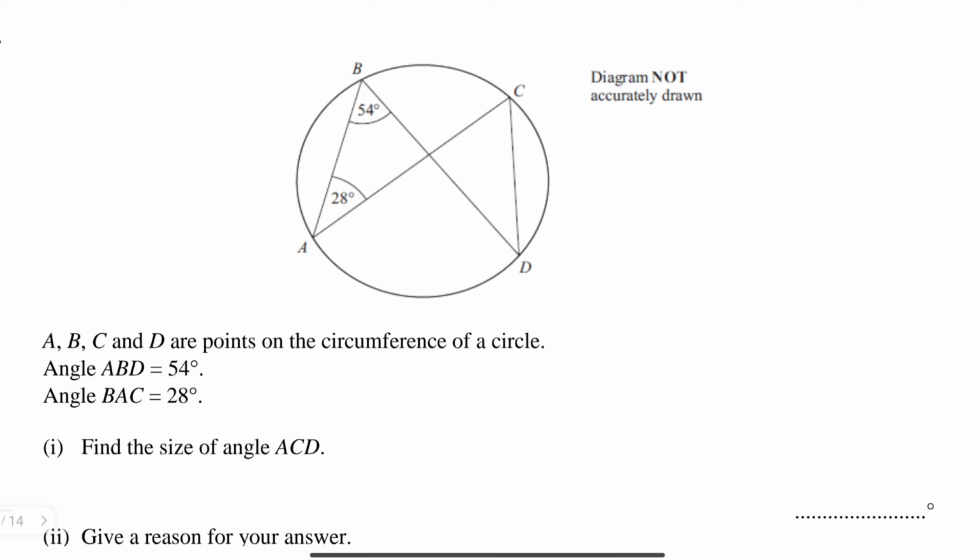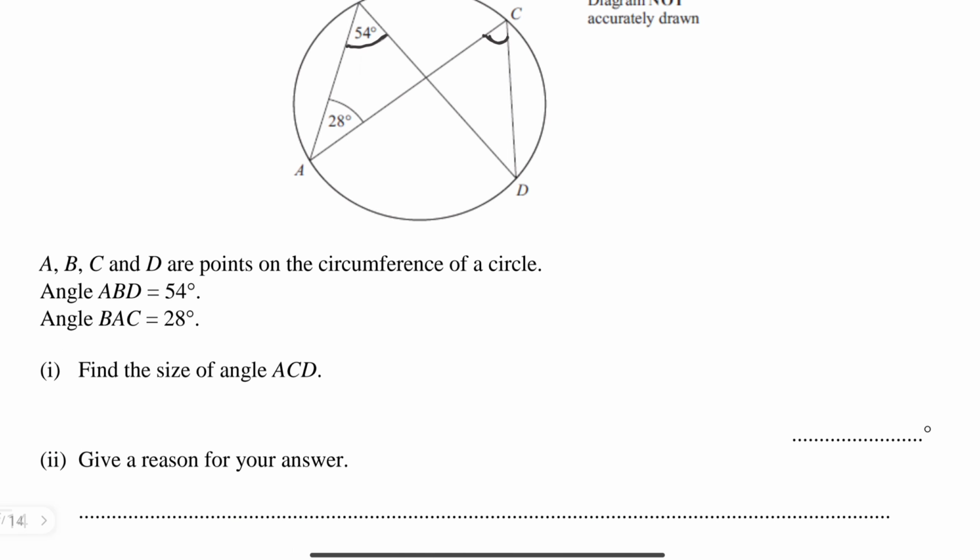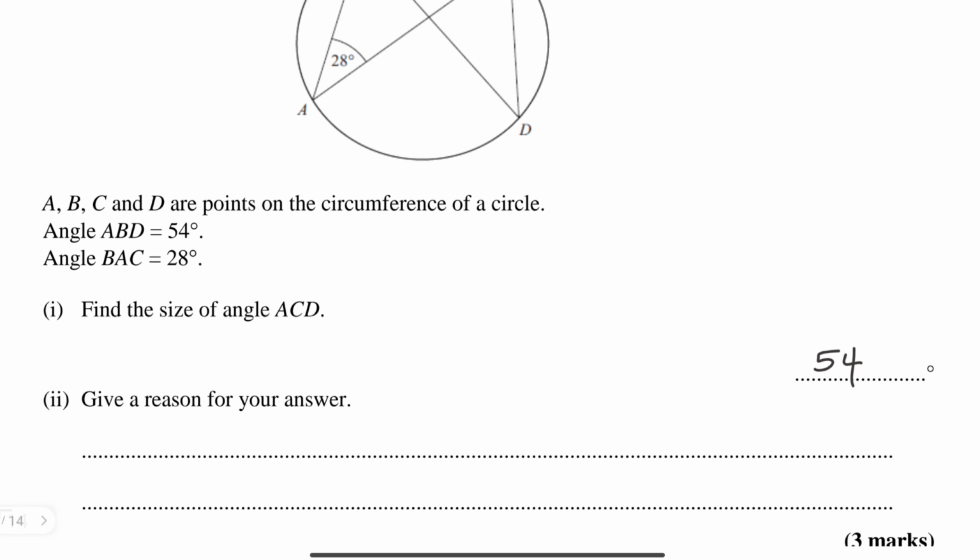ACD is in the same segment as ABD. So that means that is 54 degrees. And what is the reason for our answer? Angles in the same segment are equal.